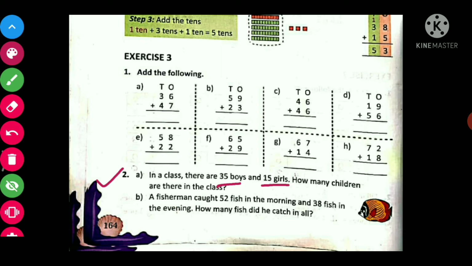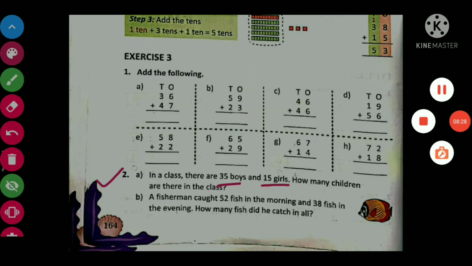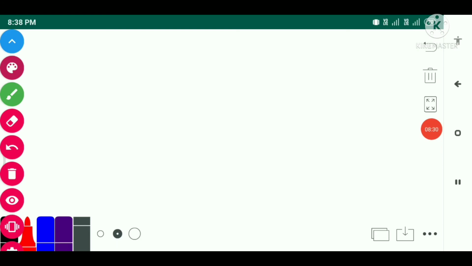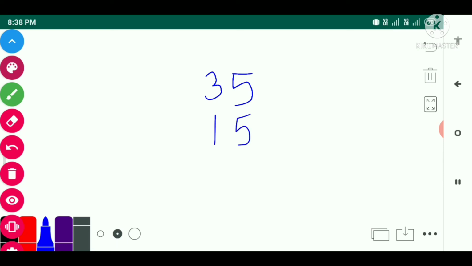So now let's find out the answer. There are 35 boys and 15 girls. Now we'll find out the total number of students, or I can say children. So we'll start from ones place value. So 5 plus 5, it will be how much? 10, right?